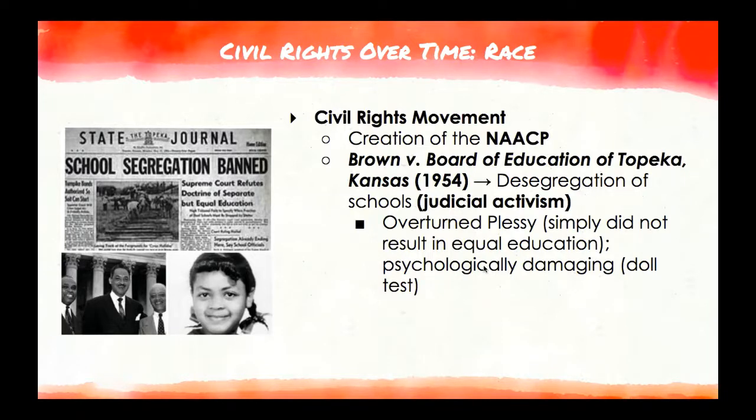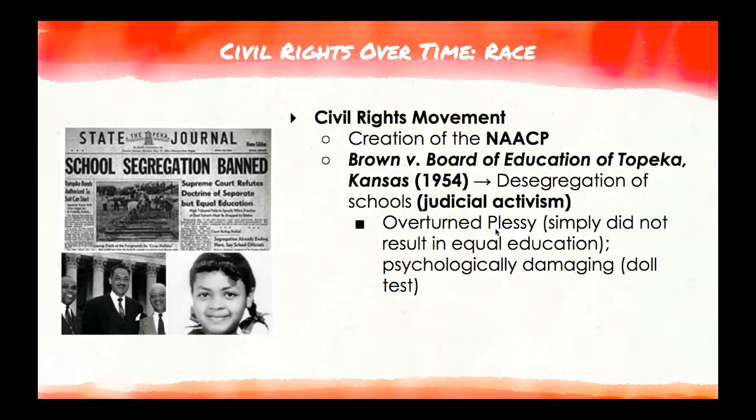Now, Brown is also an example of a response to social movements, but the response of Southern local and even state governments does show some of the checks that occur on the Supreme Court's power, right? For example, the Supreme Court cannot enforce these rulings. It could not enforce desegregation happening right away.